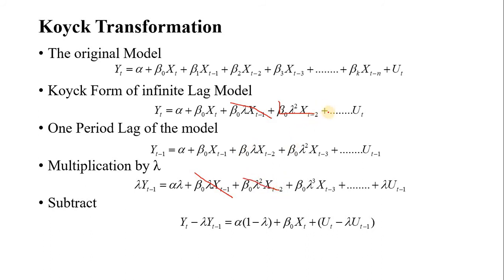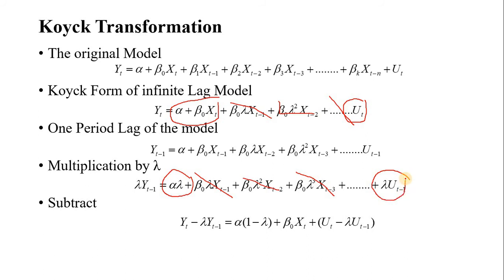Suppose one more term is there, it will be beta 0 lambda cube xt minus 1. All these terms are cancelled out, and the only remaining thing is this. Then one ut is remaining here, lambda into alpha is remaining there, and this also remains.